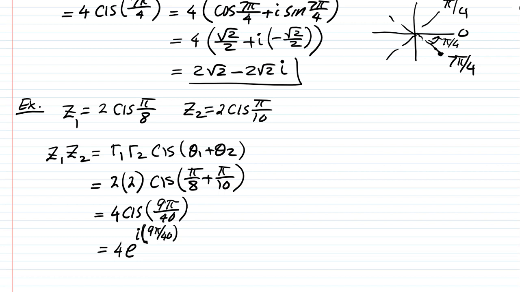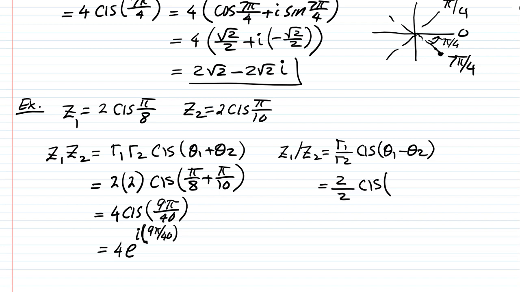There. What if we want to divide them? z1 divided by z2, that's going to be r1 over r2, and then we want to go cis theta 1 minus theta 2. r1 is 2, r2 is 2, and theta 1 is pi over 8 minus pi over 10. And this time we subtract.